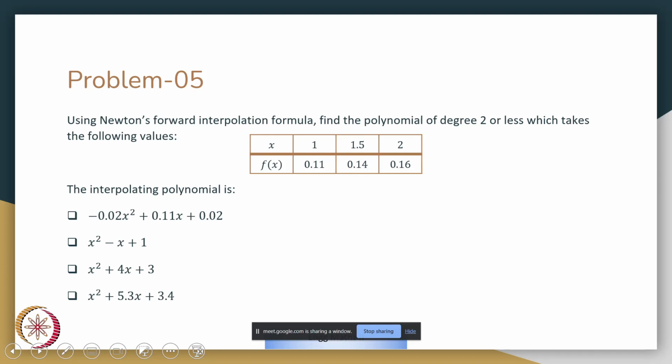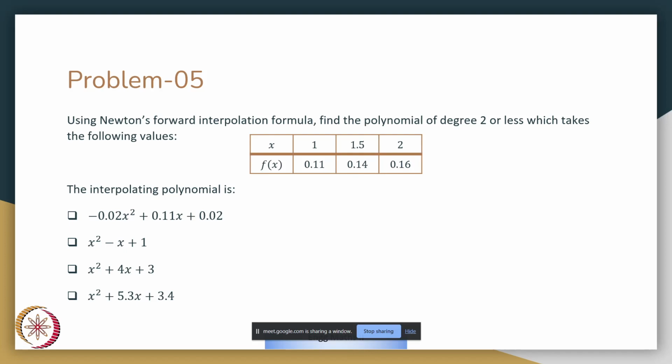For the fifth problem, we are asked to find a polynomial of degree 2 or less which takes the following values. At x equal to 1, it should take 0.11. At x equal to 1.5, it should take 0.15. And at x equal to 2, it should take the value 0.16. And we are asked to use Newton's interpolation formula.